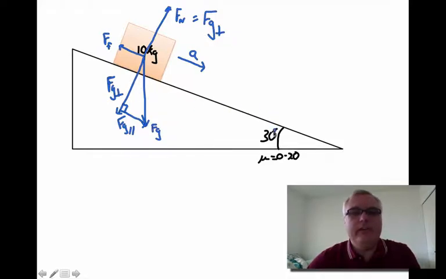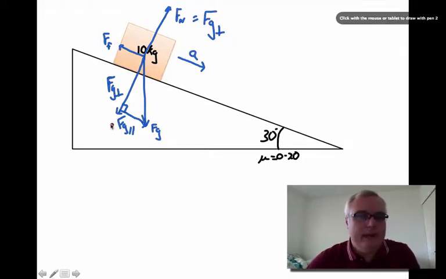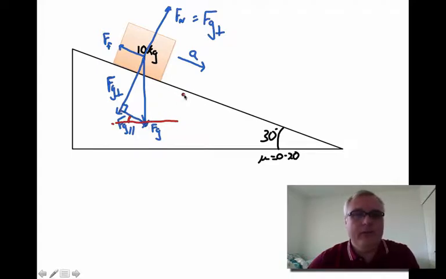What we know is that this angle here is 30 degrees. Now that's the angle that this slope makes with horizontal. And if you imagine, maybe let me do this in a different color, if you imagine a line that is horizontal here, that angle in there is also 30 degrees because this line is parallel to the slope, right?